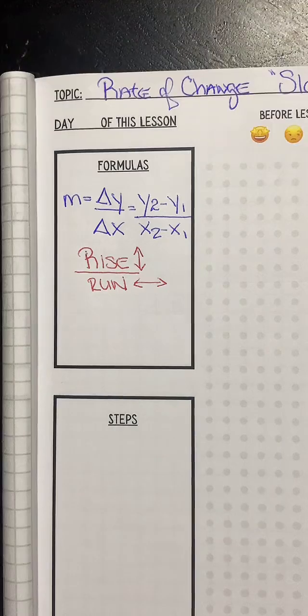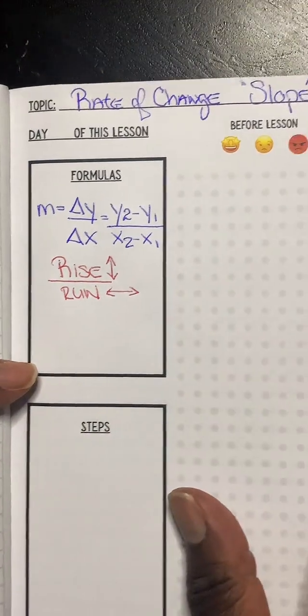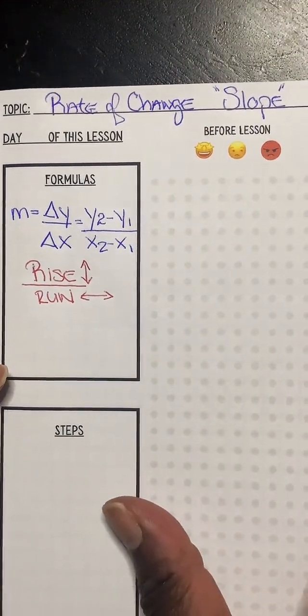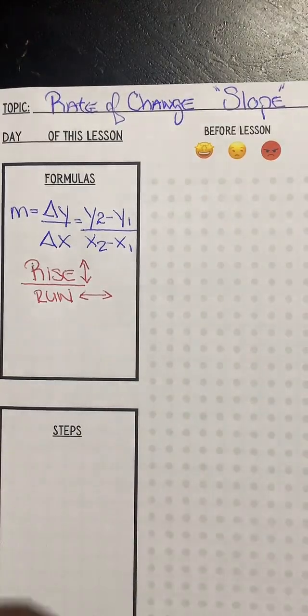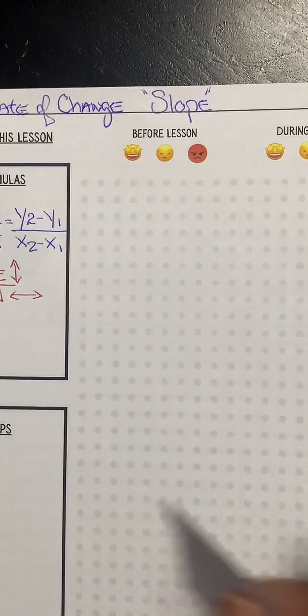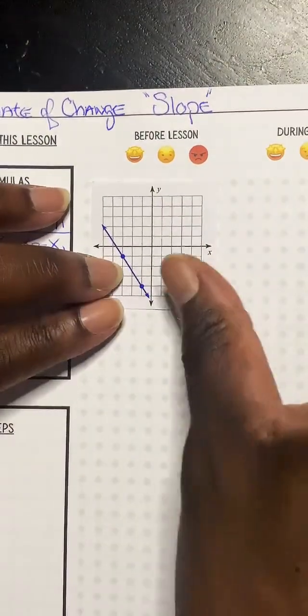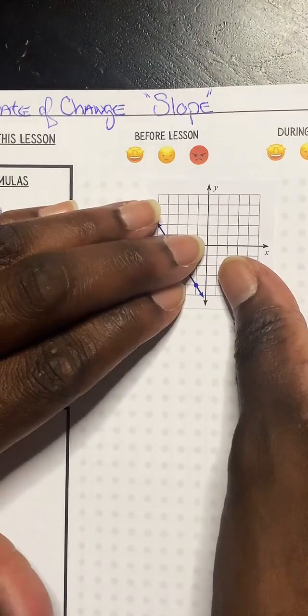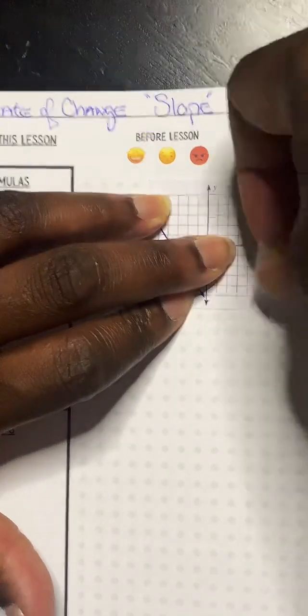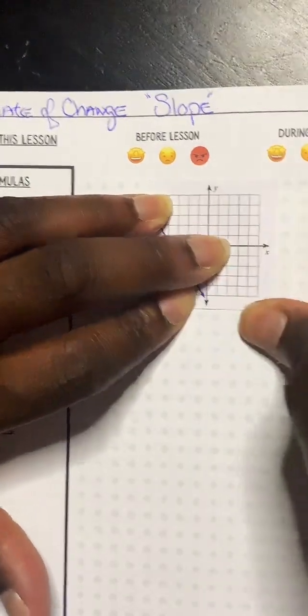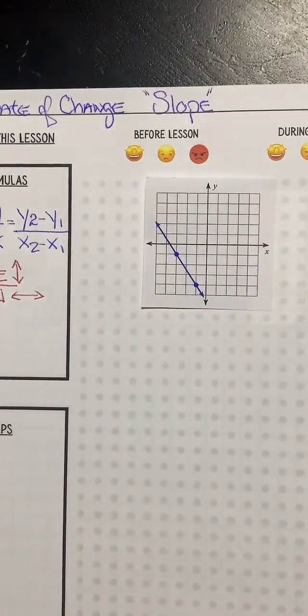So, slope is the steepness. How steep is your graph? So I have one graph here. And we're going to find the slope. I'm going to put it more towards the side because I want to do something else on that side.